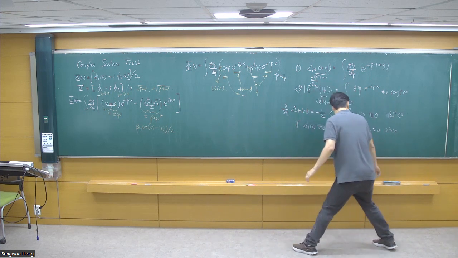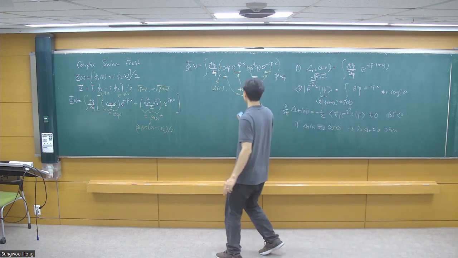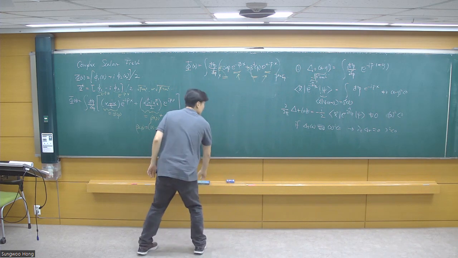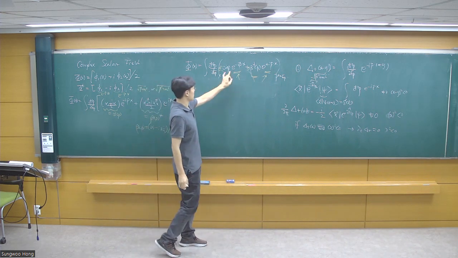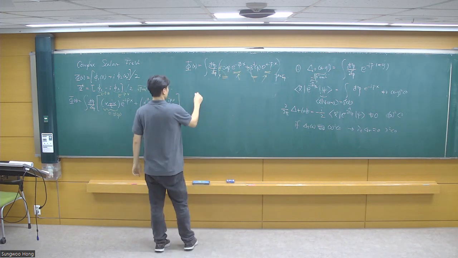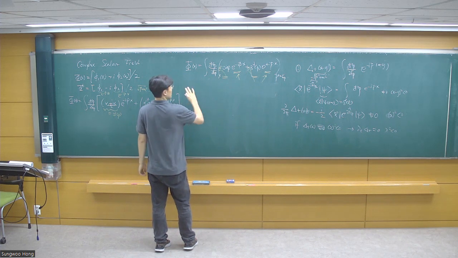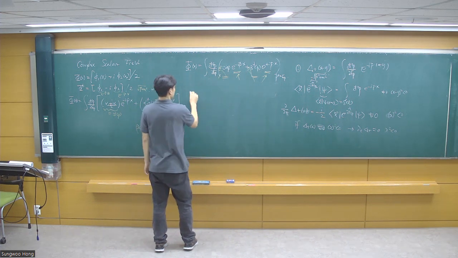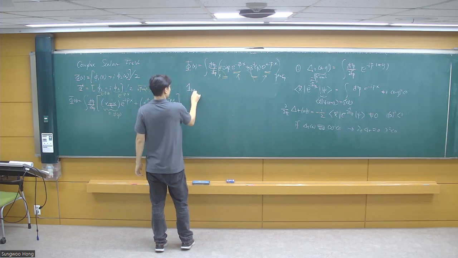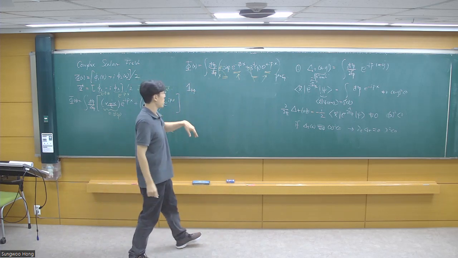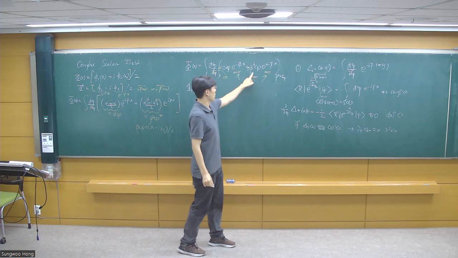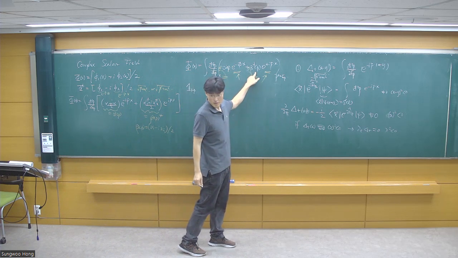And just 2 more minutes, I promise. Just to appreciate the meaning of this thing, you can compute the following. So in this case, in this example, the one particle Hilbert space consists of one particle Hilbert space of that guy with one particle Hilbert space of that guy, right?